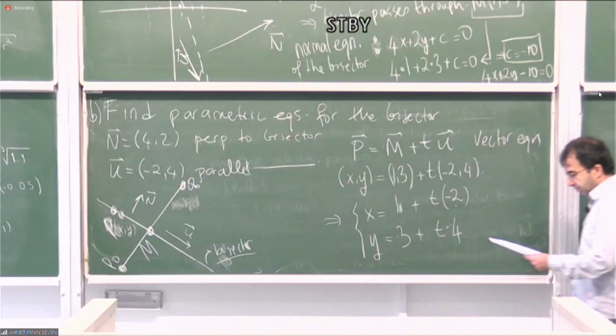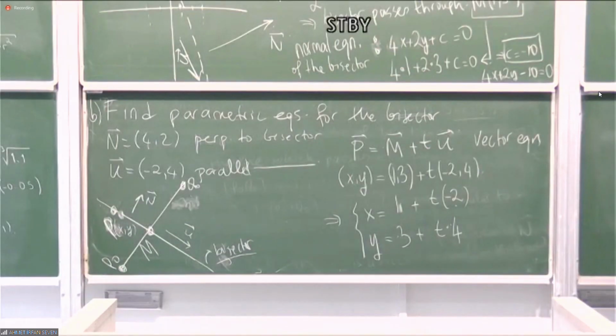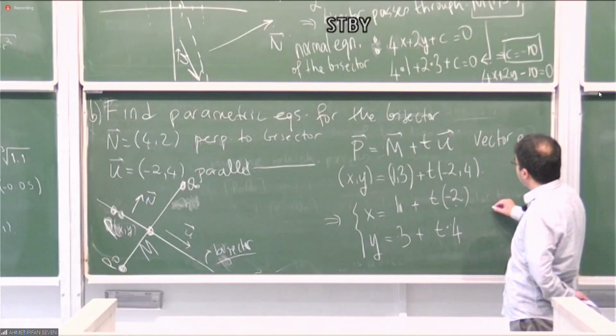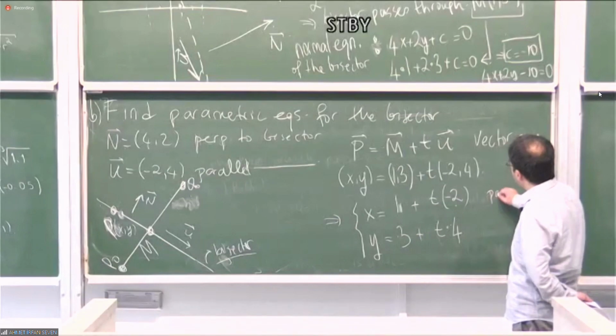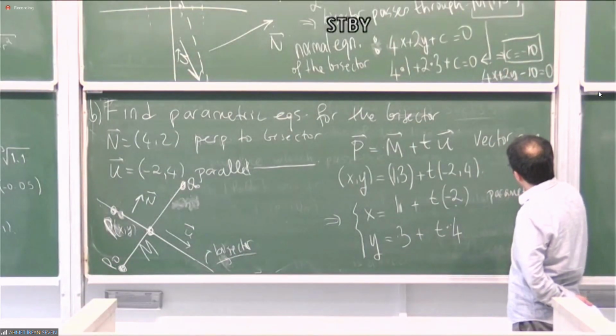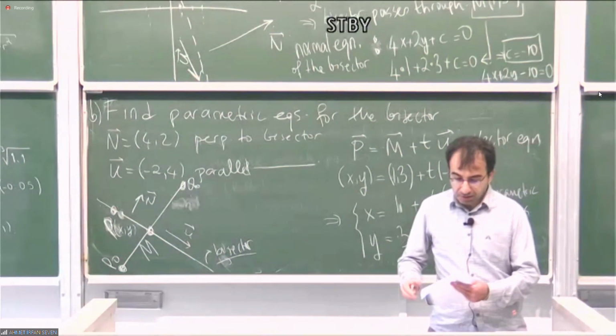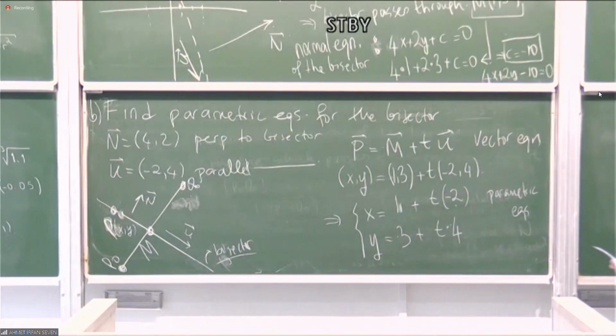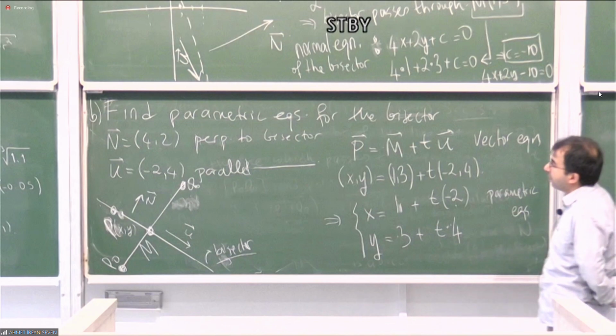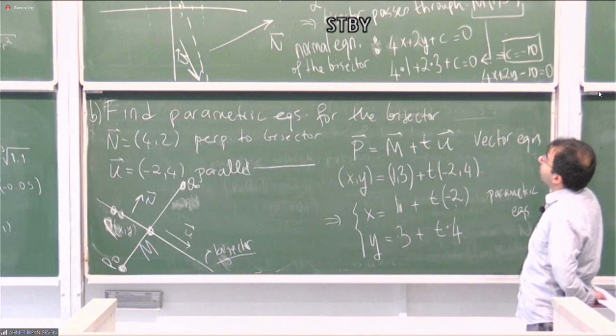So these are our parametric equations for this line, this bisector.